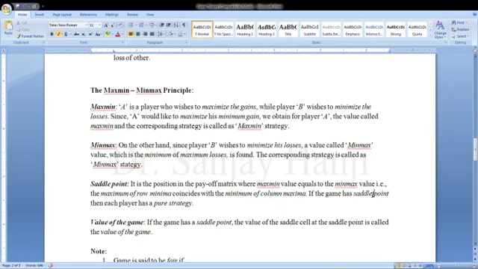If the game has a saddle point, then each player has a pure strategy. This means that wherever the max min value equals the min max value, that means that the game has a saddle point.